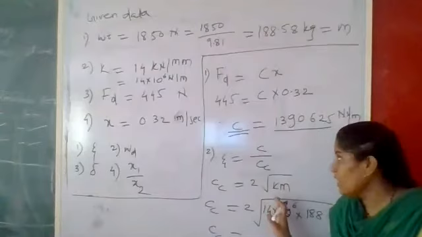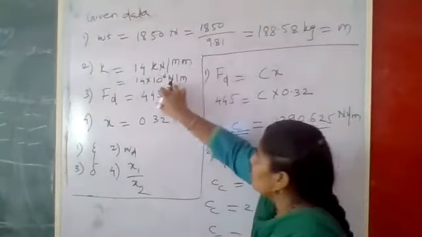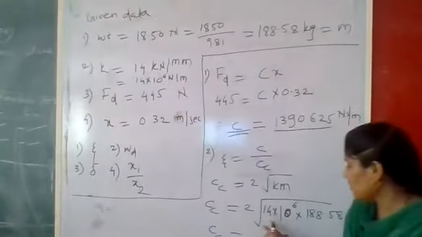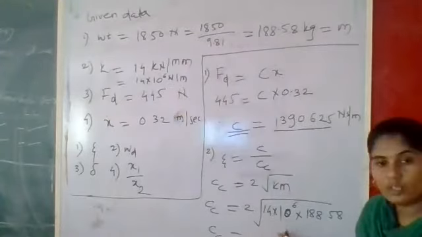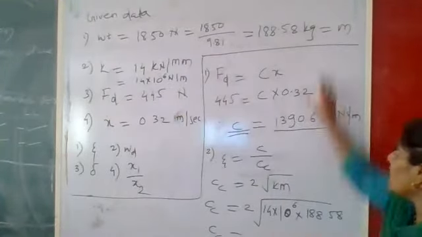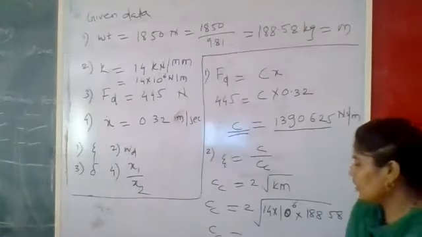So what do we have to do with the value of k? We have to write the value of k in terms of Newton per meter here. So what will come in Newton per meter? 14 into 10 raised to 6 into mass, already we know, into 2. What is the value of Cc?